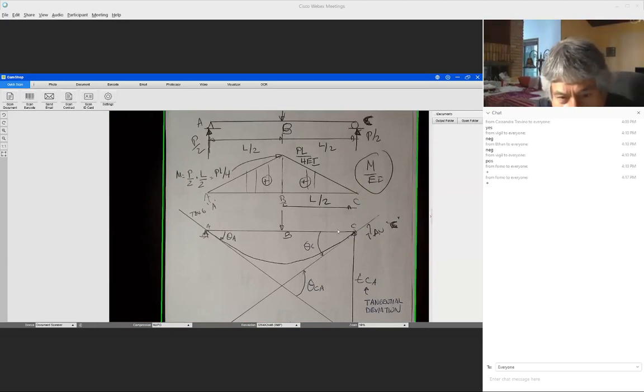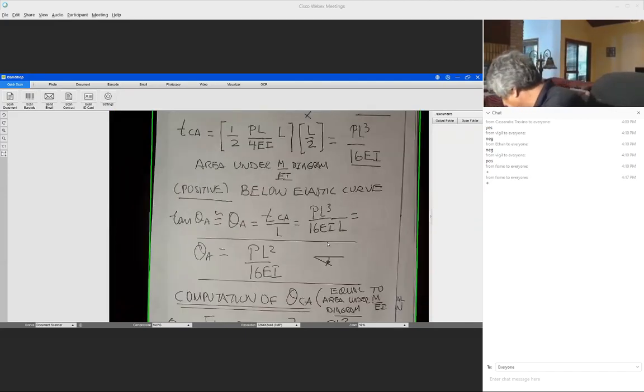To compute theta C, I'm going to have theta A plus theta CA giving me this angle. This is the equation that I have here.